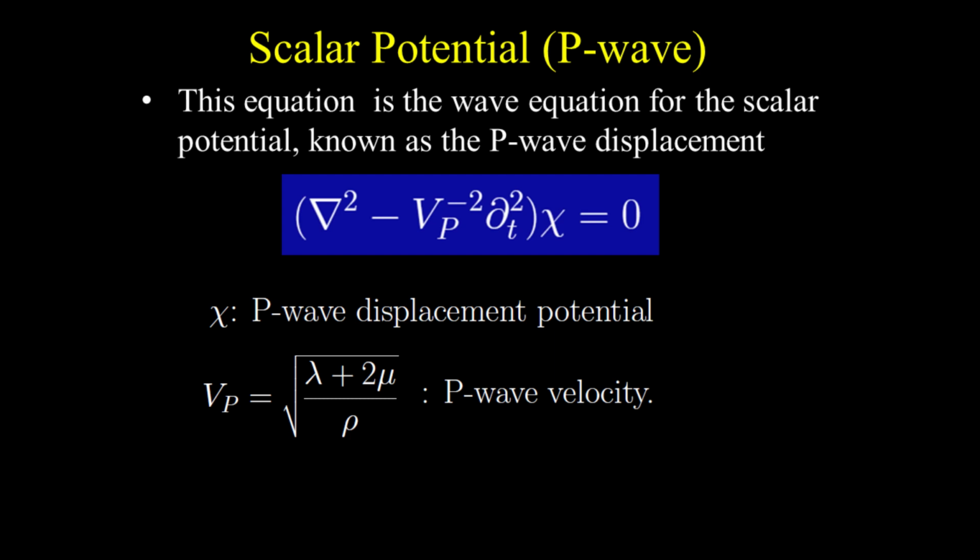The key parameter here is the P wave velocity, Vp. That is the speed at which the P wave propagates. In other words, this equation allows us to introduce the P wave velocity and defines it as a function of Lamé's parameters.